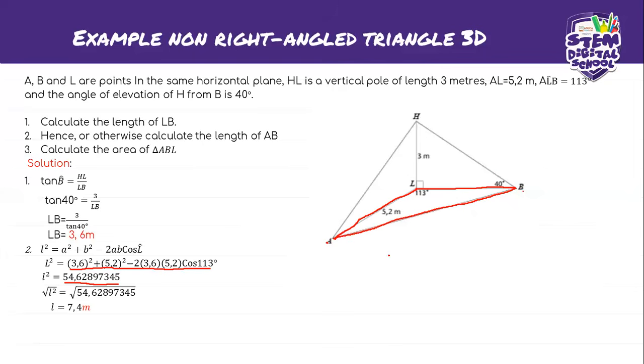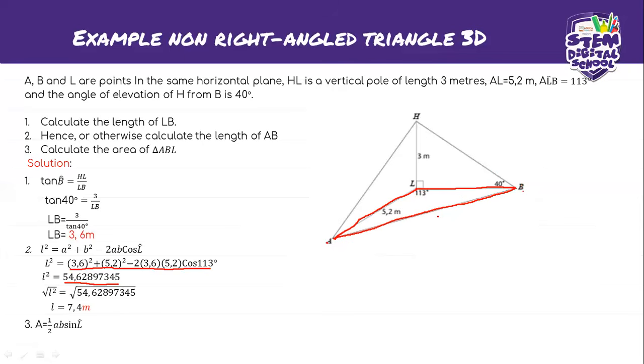Now, let's see this next step. The area equals half times AB sine angle L. Now, if you still remember the condition, we must have two sides and one angle. Remember, we have just calculated the side LB. And if that is the case, then we'll have two sides and one angle. And this angle you can see is between those two sides.